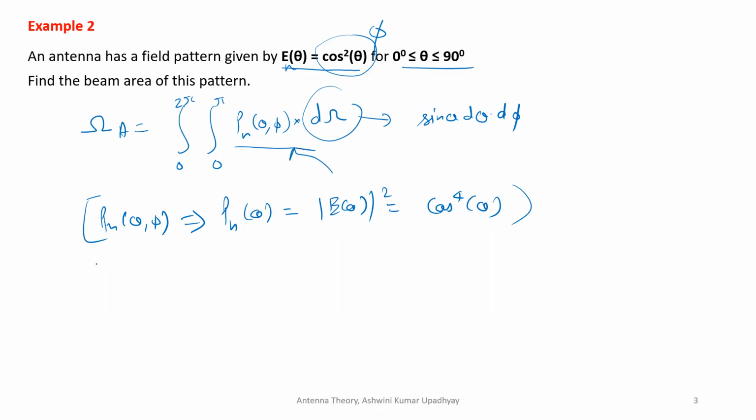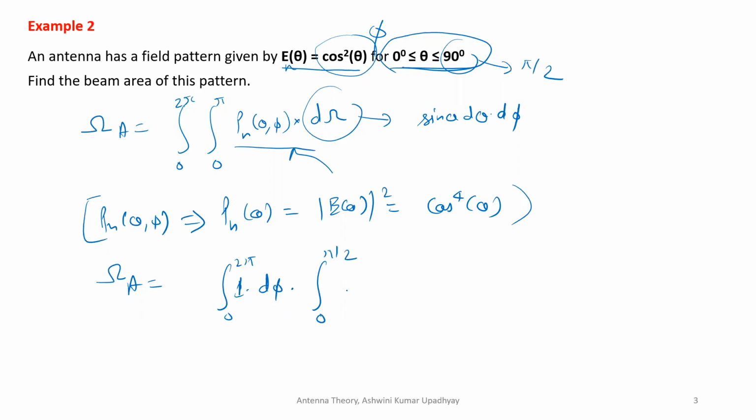Now we have got the expression for Pn theta, and we will just put this into this equation and find out our beam area or beam solid angle. This is given as the integral from 0 to 2 pi, and since there is no phi term, I will just write it as d phi, and I will segregate the theta integral. Since theta is varying between 0 to 90 degrees, 90 degrees in radians will be pi by 2. So we will just take 0 to pi by 2.